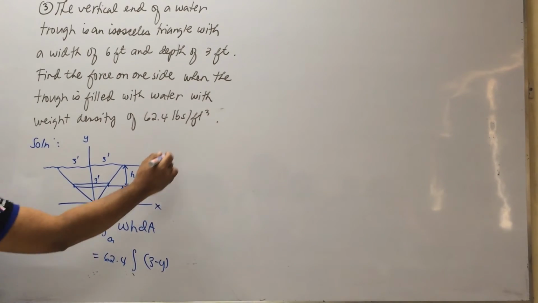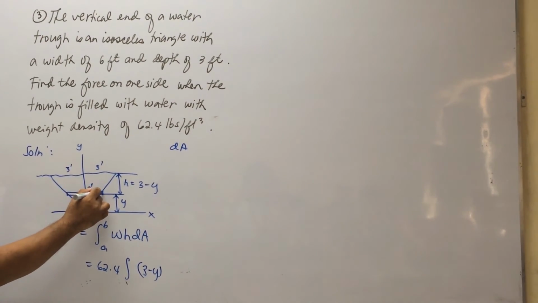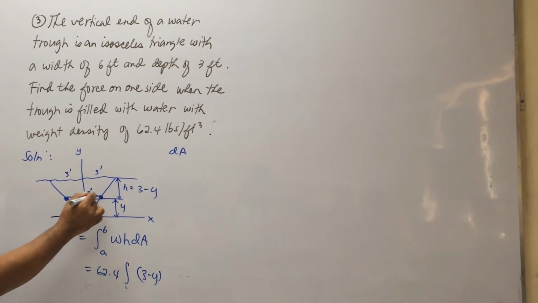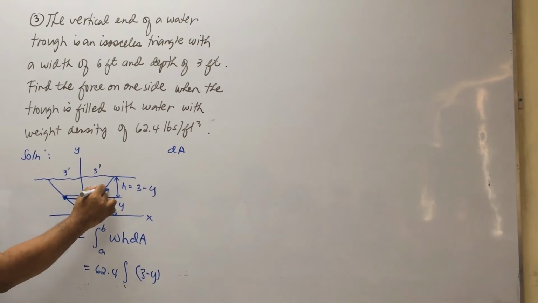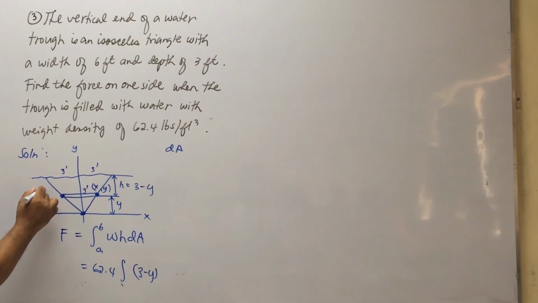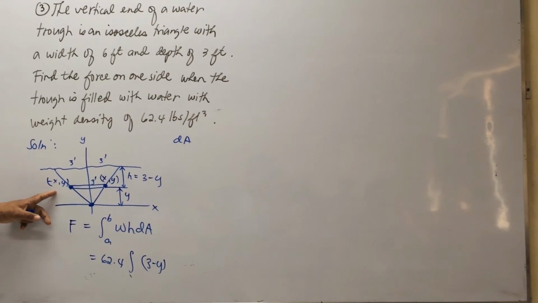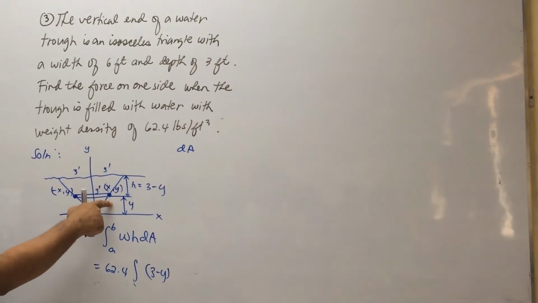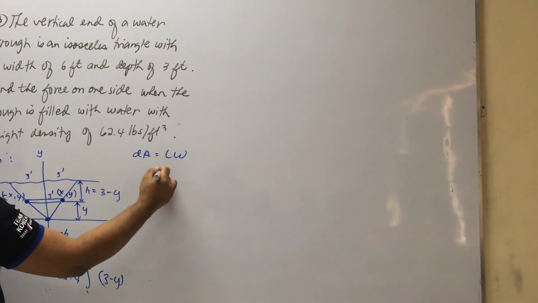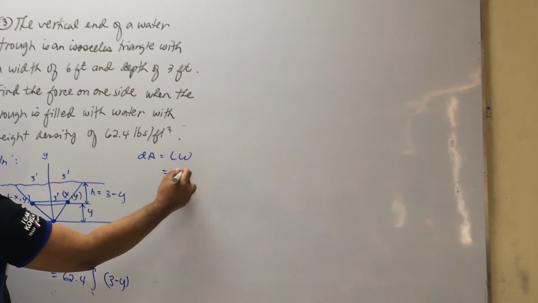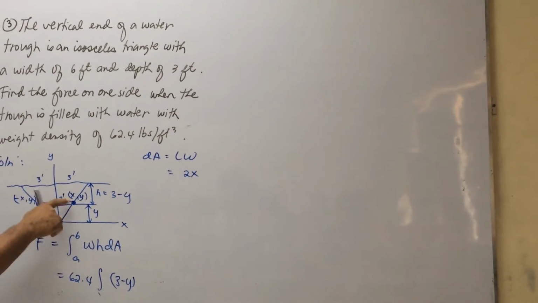What about the dA? The dA can be obtained by taking the distance between these 2 points of the strip, where we have this as point (x, y), and the other one is (negative x, y). So the width is the abscissa on the right minus the abscissa on the left, that is x minus negative x, which is 2x.